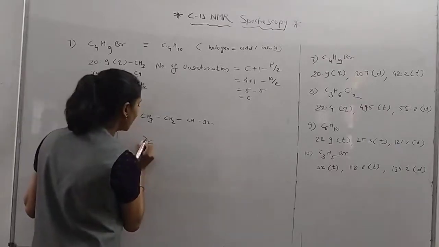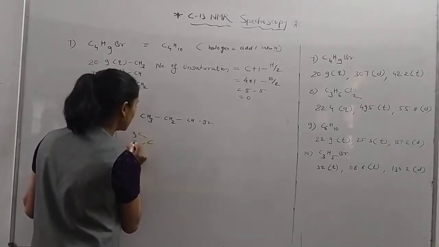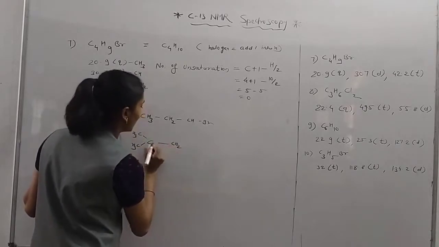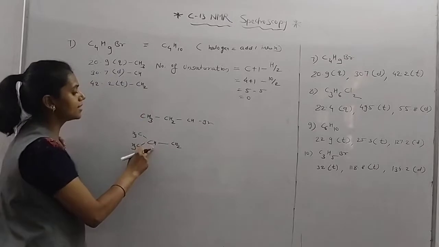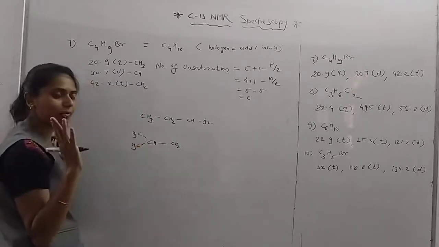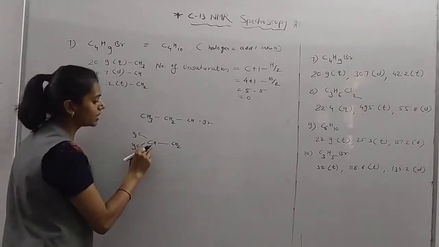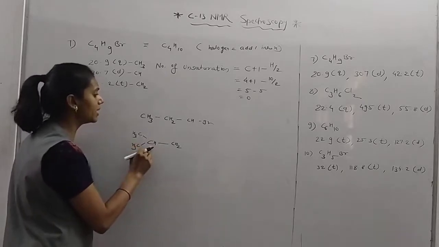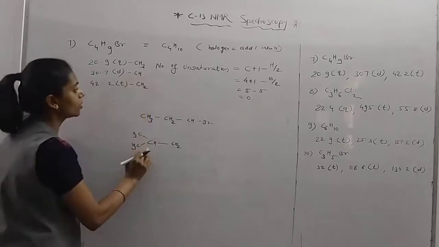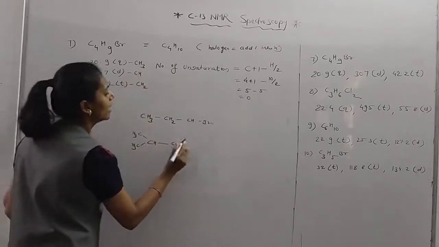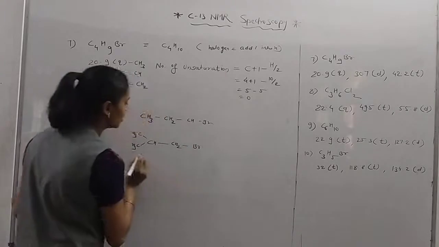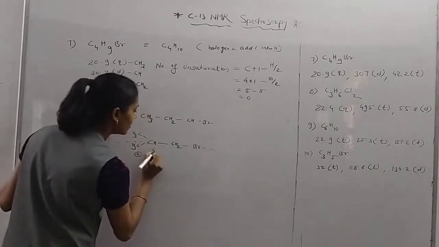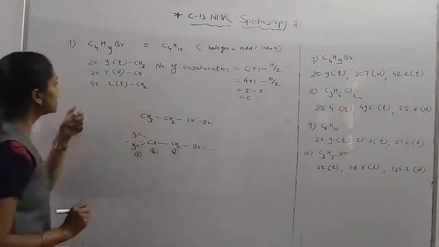So we draw a symmetrical structure, and this is CH. Since the valency of carbon is 4, this carbon is attached to a CH3 group, a CH3 group and a CH2 group, so its valence is completed. What remains is CH2, and the last one is Br. So this is the symmetrical structure, and we get 3 kinds of signals.